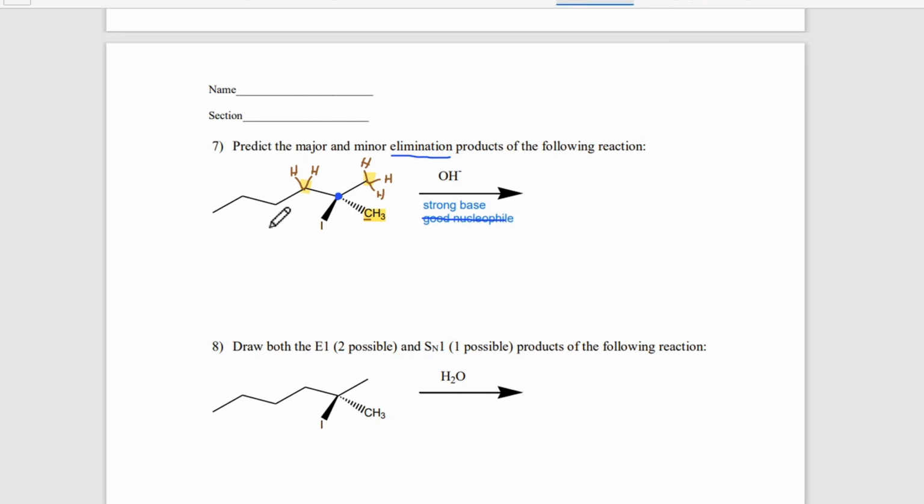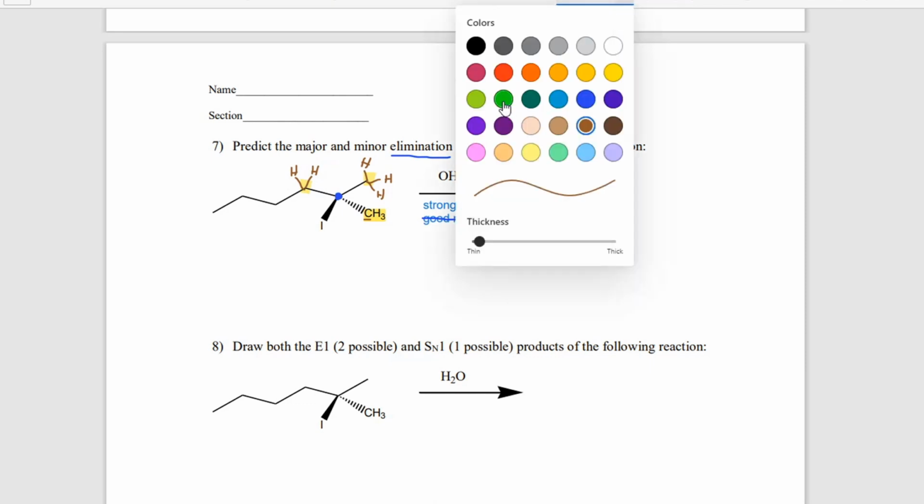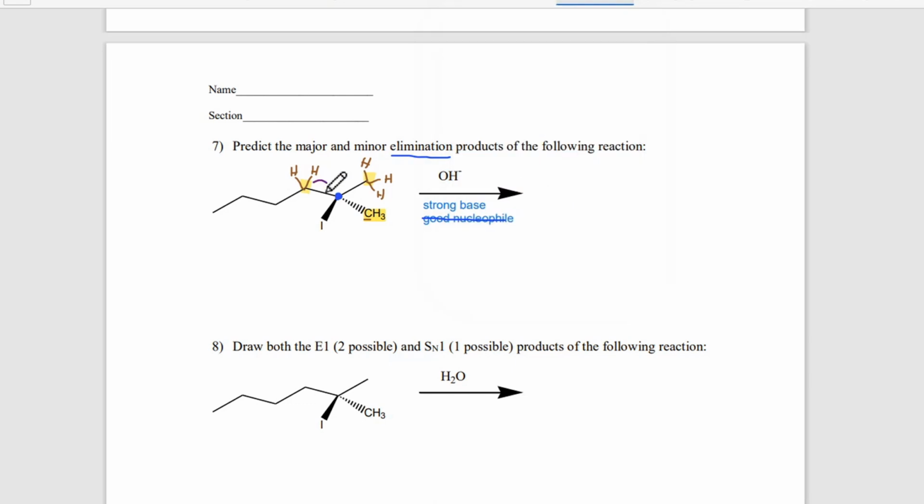So in the first case, let's say we rip off one of these hydrogens over here. It's going to cause the electrons to form a double bond here and kick out the iodine, right? Because the double bond's always going to be in between your beta carbon and your leaving group carbon.